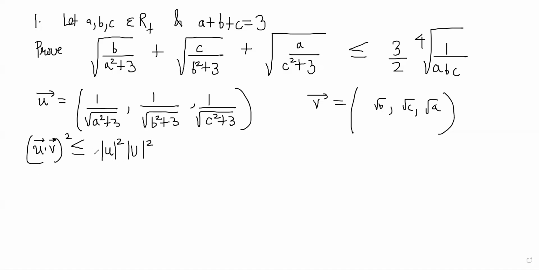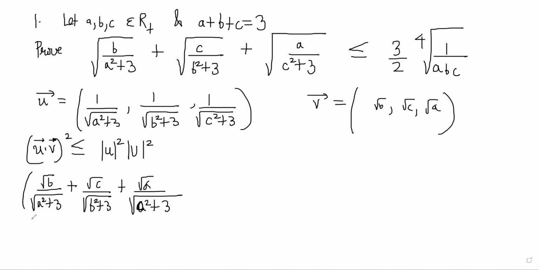So u dot v would give me root b by root over a square plus 3 plus root c by root over b square plus 3 plus root a by root over c square plus 3, whole square.